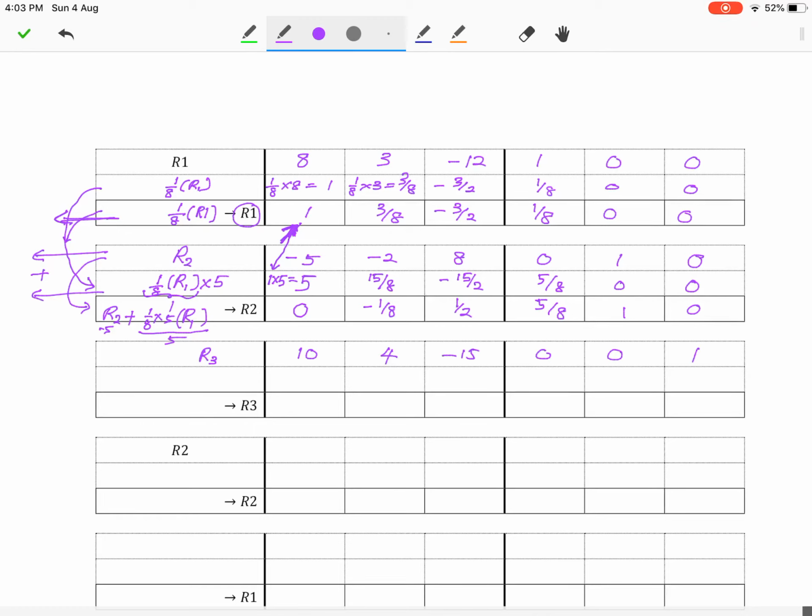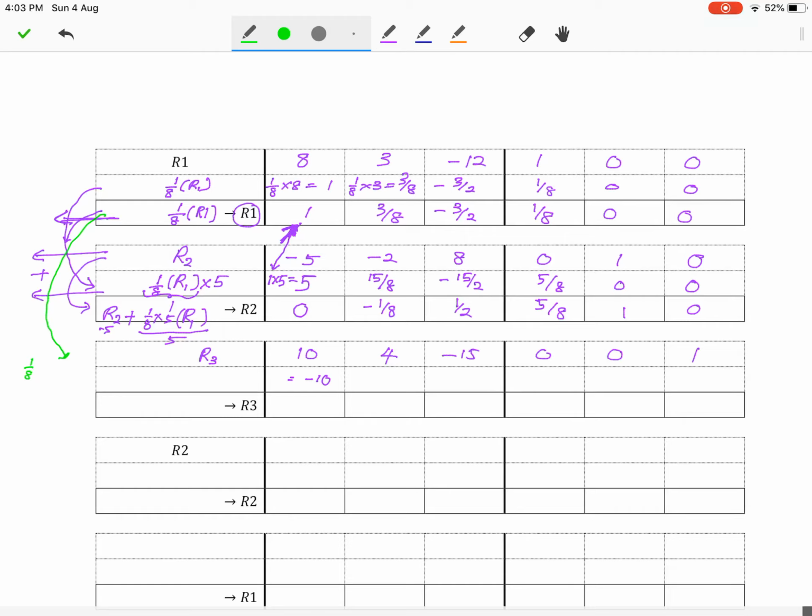If I want to make 10 into 0, technically I need to just add negative 10, but this negative 10 must come from the new row 1 here, okay?